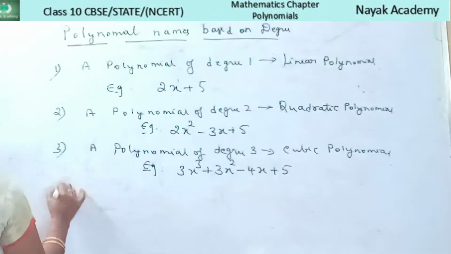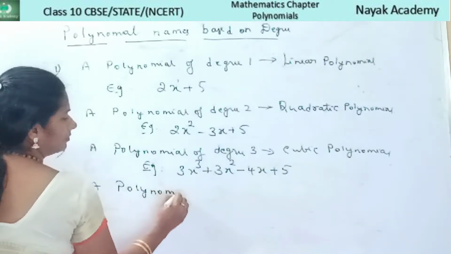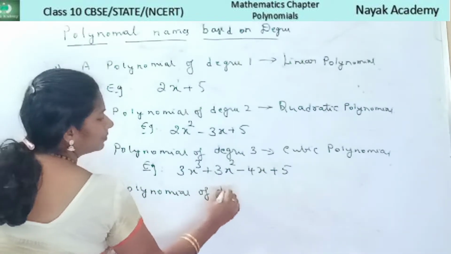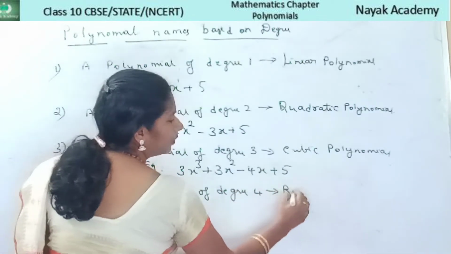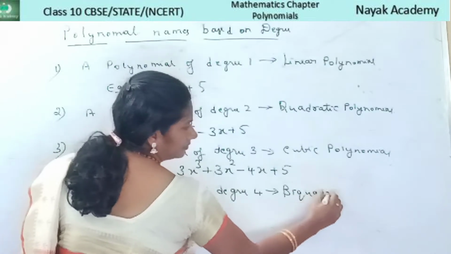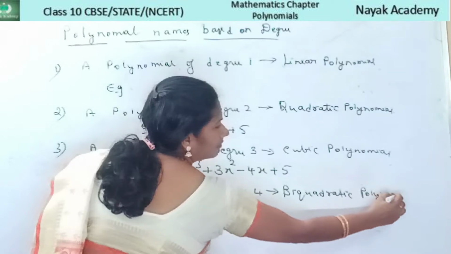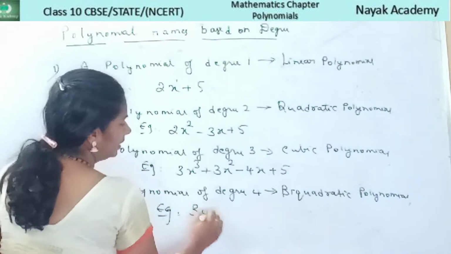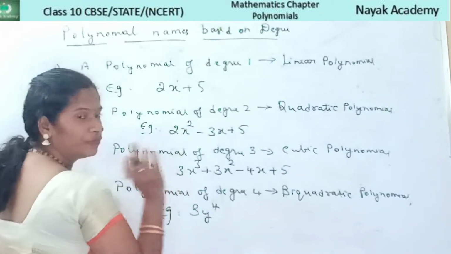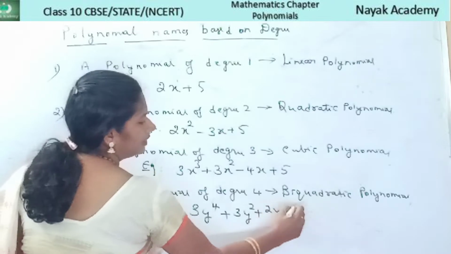And fourth type, a polynomial of degree 4 is called a biquadratic polynomial. Example, you can take 3y to the power 4, the highest power should be 4, then 3y square plus 2y minus 4.